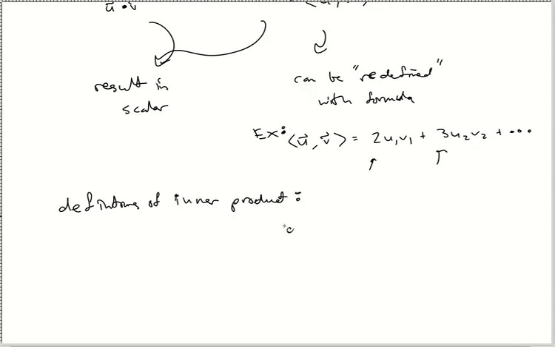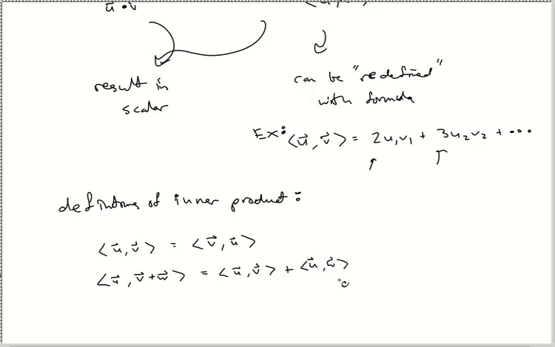So all inner products must have <u, v> equal to <v, u>. So they're commutative. Okay? <u, v plus w> should also equal <u, v> plus <u, w>. So that's the distributive rule.